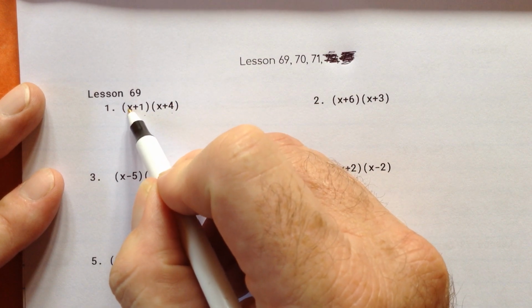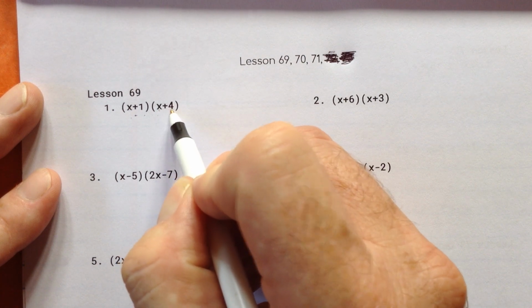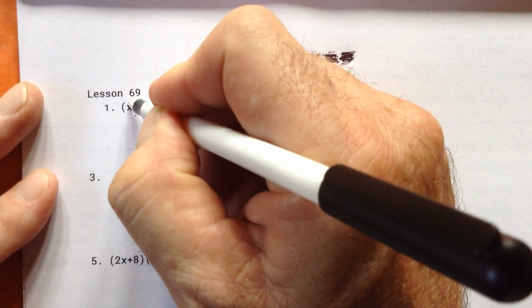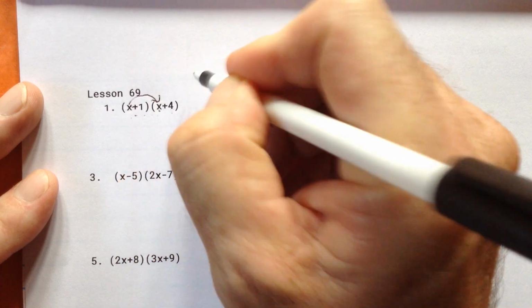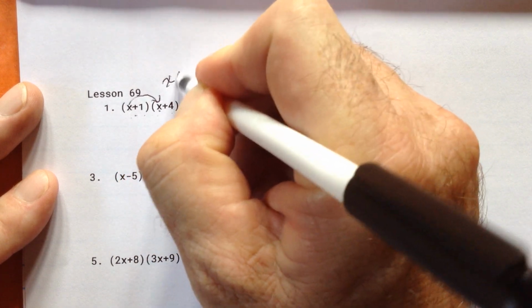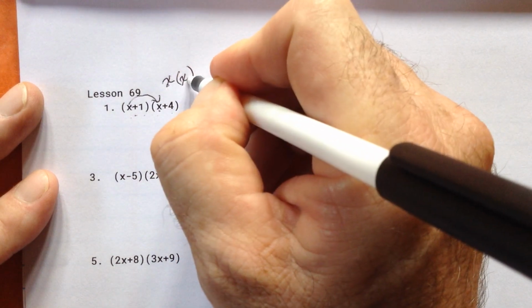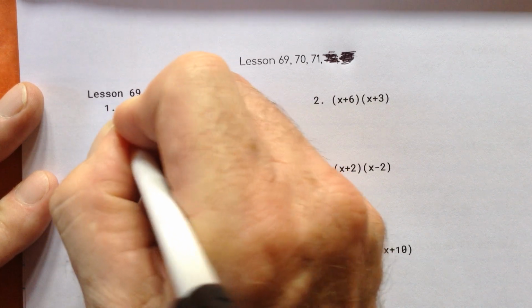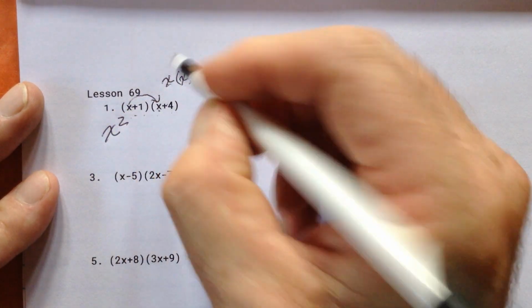So you got to multiply the x first with these two on this side, with the x and the positive 4. So here I got to distribute the x to this x. So it's x times x is what you're actually doing. So if you have x times x, that'll be x squared. That's x times itself. Okay, so that'll be x squared.